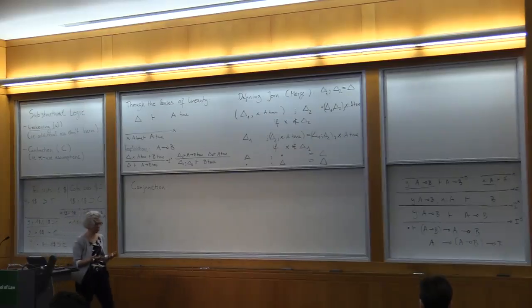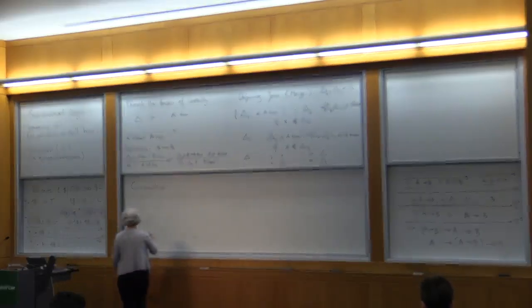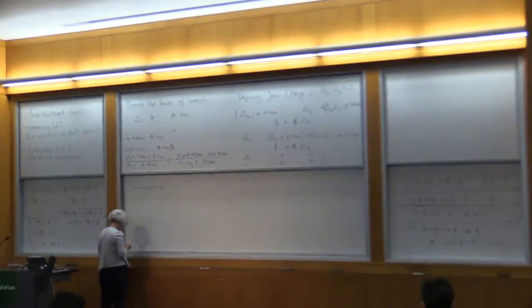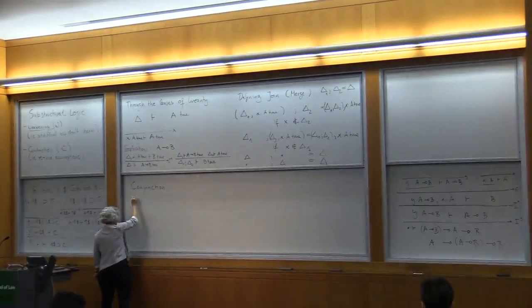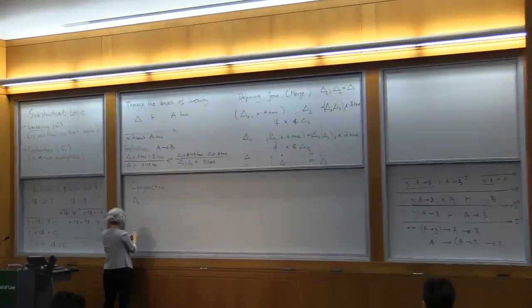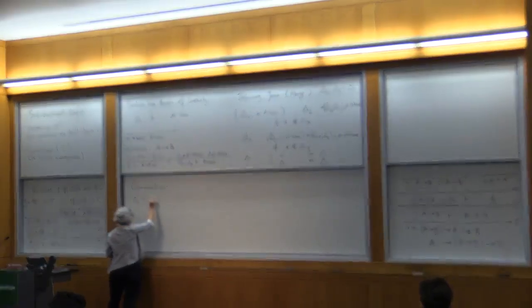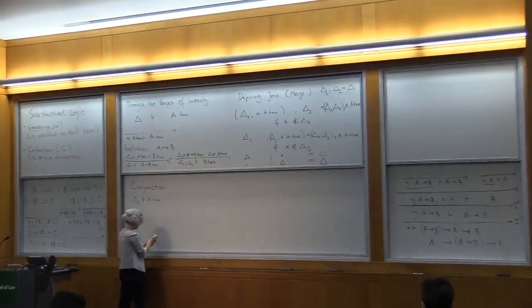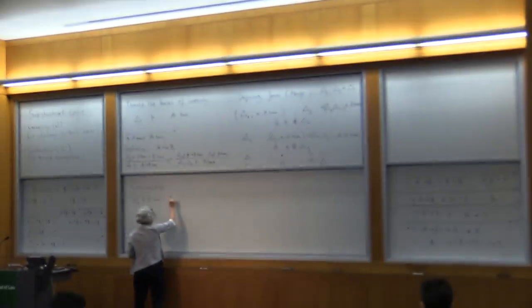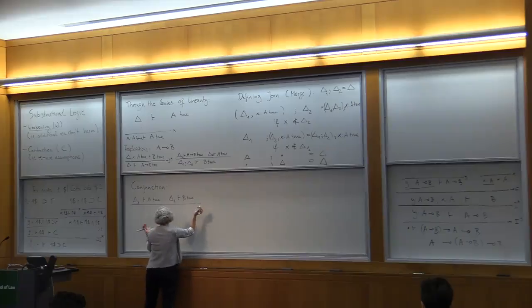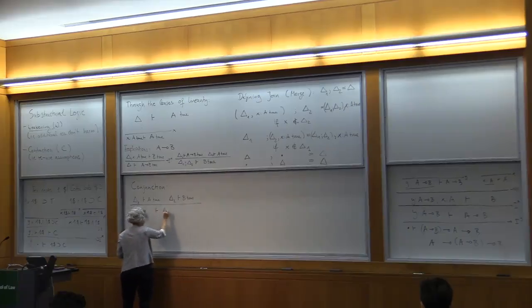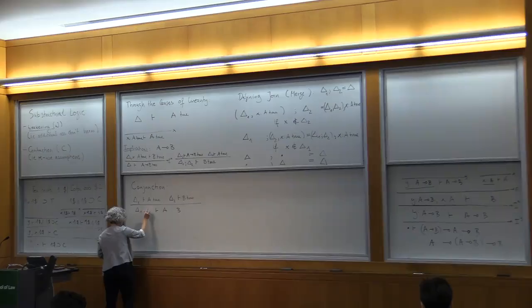I have some resources that I use to establish A. Okay, and I have some resources I'm using to establish B. That means I can now establish A and B under the joint set of resources, Delta 1, Delta 2.